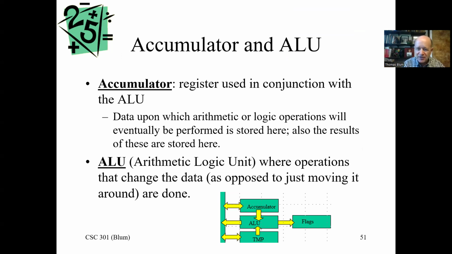We're adding things, subtracting things, comparing things. All that is going to take place in the ALU. We are performing the arithmetic or the logic on data, and the main location of data that we're acting on with the ALU is just a register, but we give it a special name, sometimes called the accumulator.